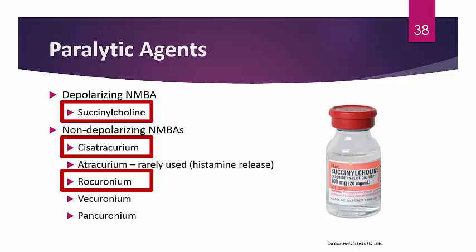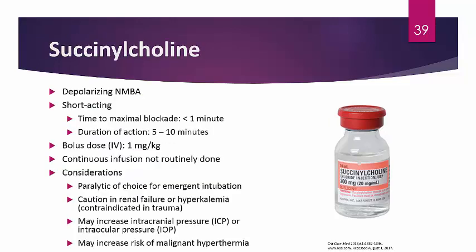Whenever we talk about these agents, we'll focus on the main things that we need to know. So succinylcholine, as we said, is a depolarizing NMBA. What a depolarizing NMBA is versus a non-depolarizing one is that it will bind to those acetylcholine receptors that we talked about more strongly than a non-depolarizing NMBA, which may be a competitive antagonist of the acetylcholine receptor.